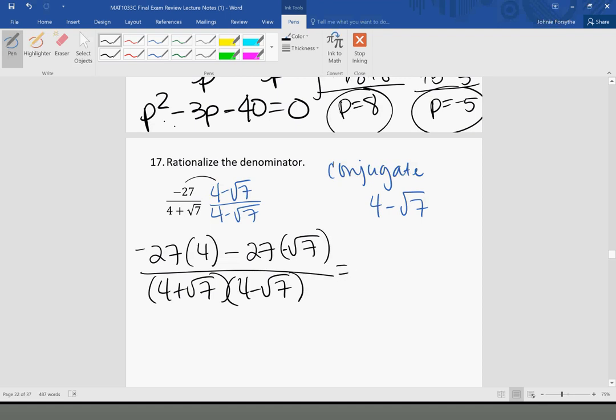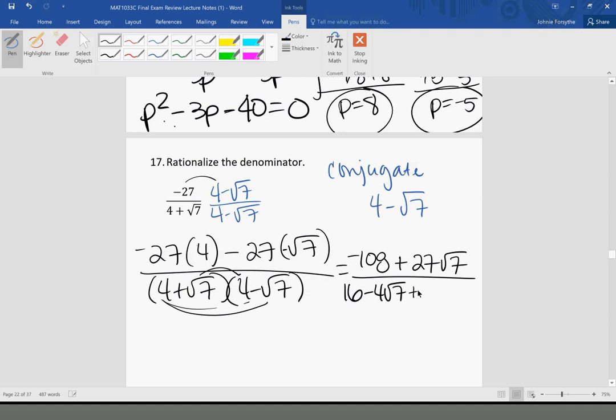Okay, so here, negative 27 times 4 is negative 108. Negative times a negative is a positive, and then we have 27 times root 7 over... Now here we're going to FOIL. 4 times 4, 16. 4 times negative root 7 is negative 4 root 7.